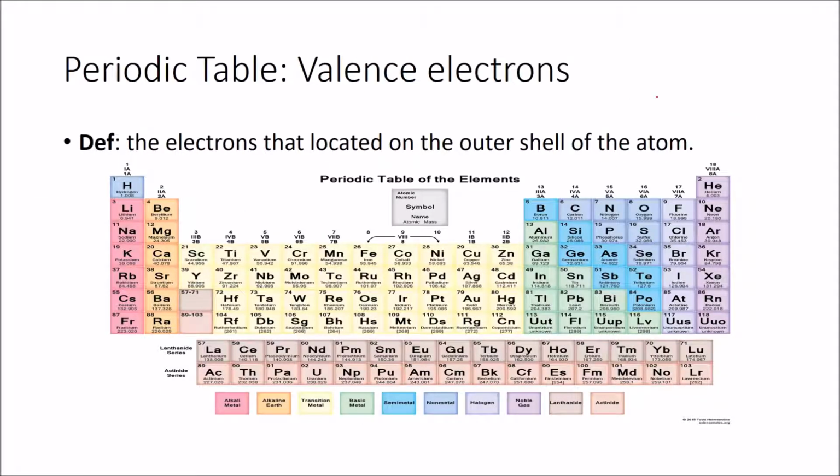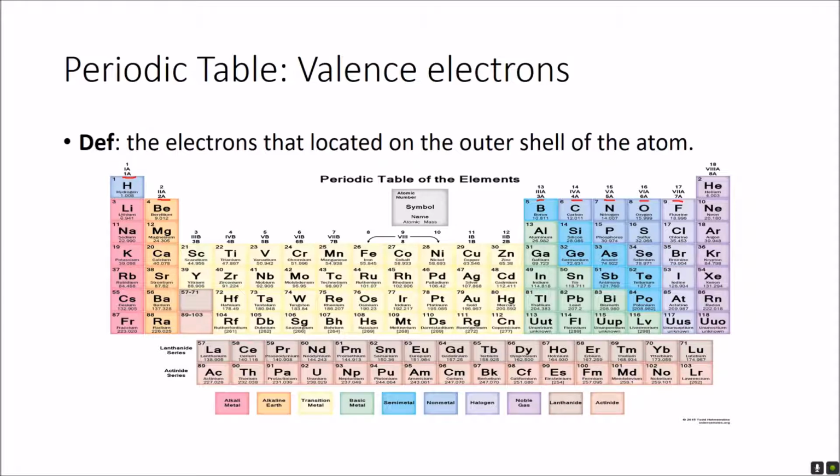Second, the valence electrons. Valence electrons are electrons located on the outer shell of the atom, and basically they are the electrons that can be easily removed from that atom. We can know the valence electrons from the group number: 1A, 2A, 3A, 4A, 5A, 6A, and 7A.